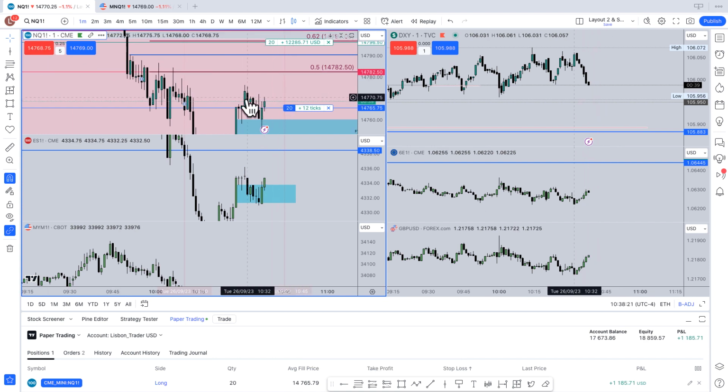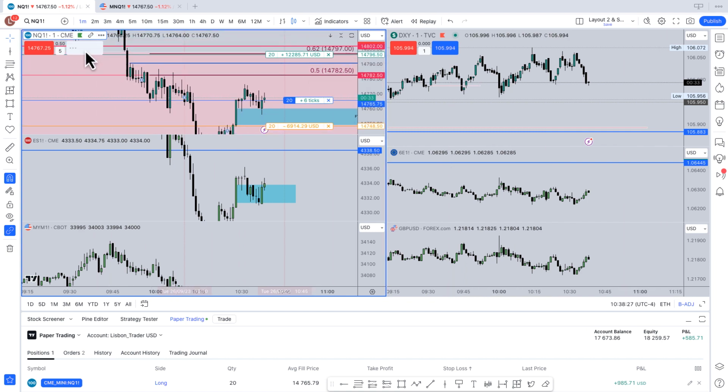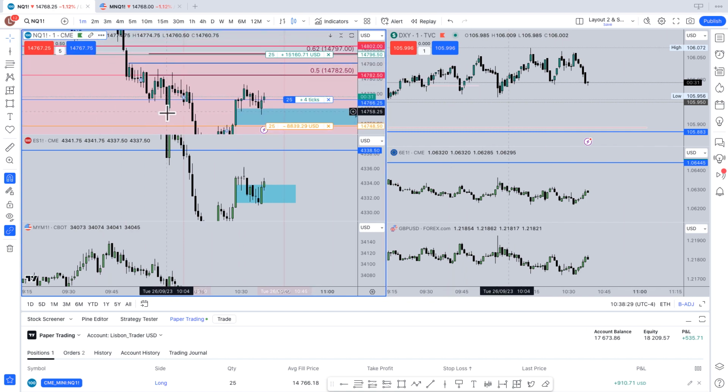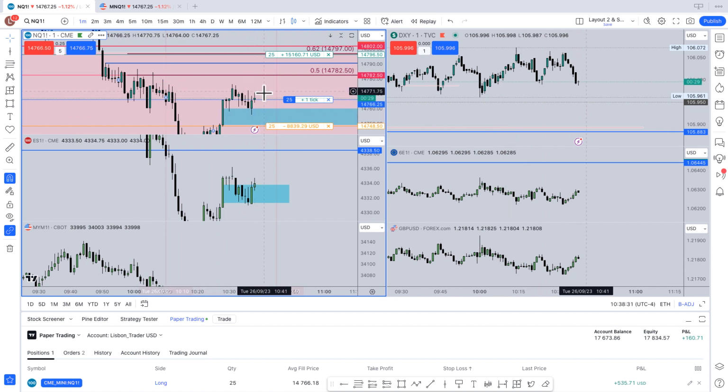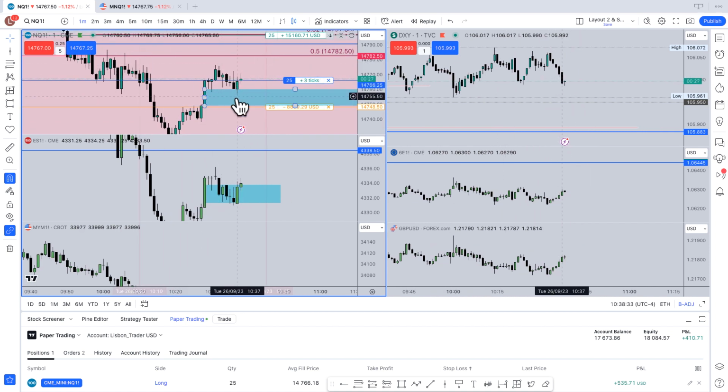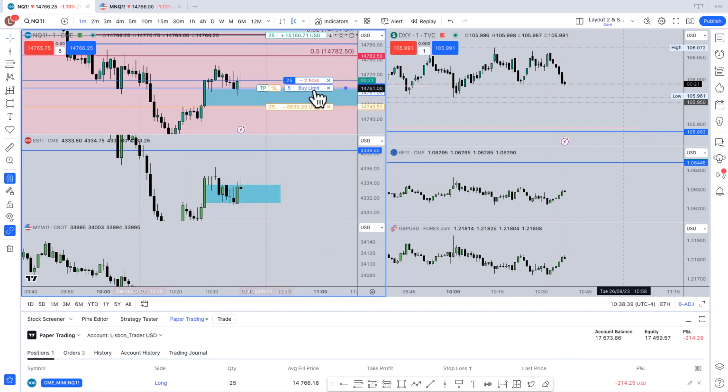Recouping some equity. So we did already one intent inside this. Might do it again, at least at this level.